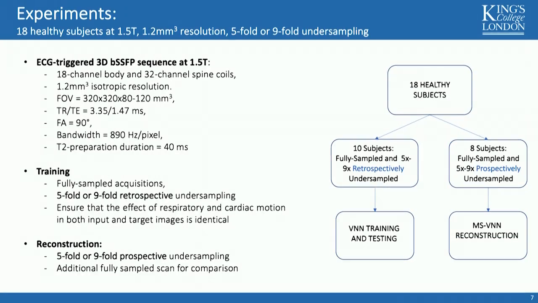We acquired 18 healthy subjects on a 1.5 Tesla scanner, using an ECG-triggered 3D bSSFP sequence. We used 10 subjects for training, where fully sampled images were 5-fold and 9-fold retrospectively undersampled in order to ensure that the effect of respiratory and cardiac motion in both input and target image was identical.